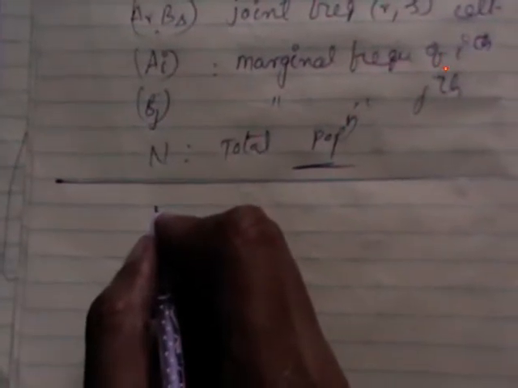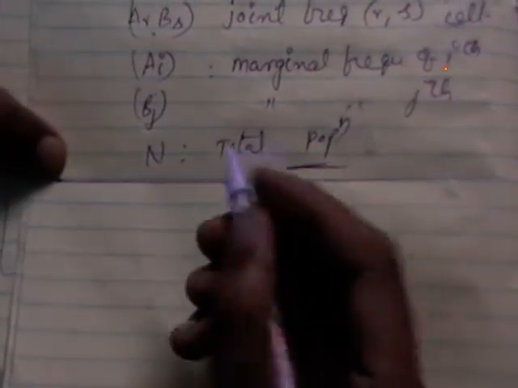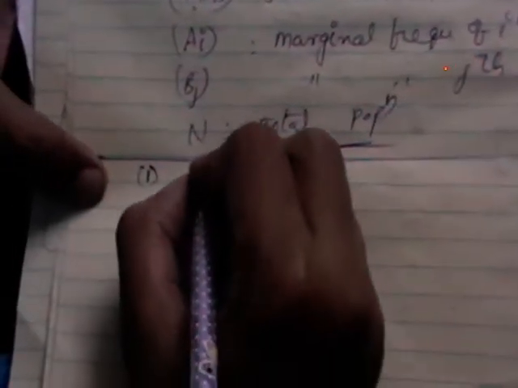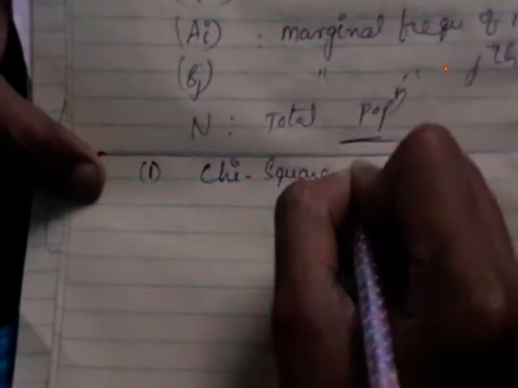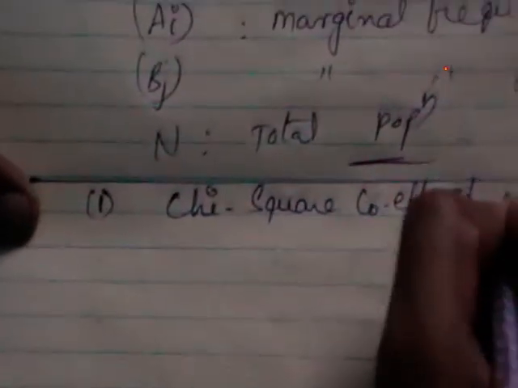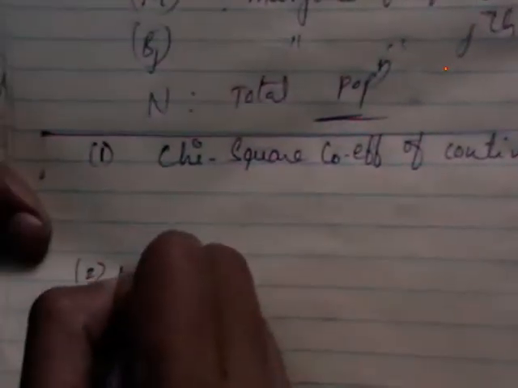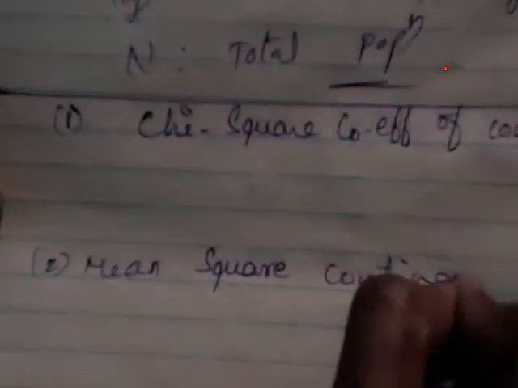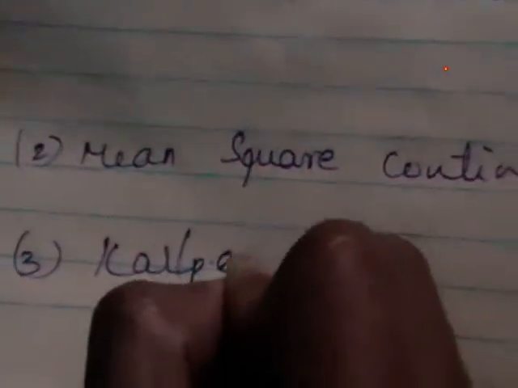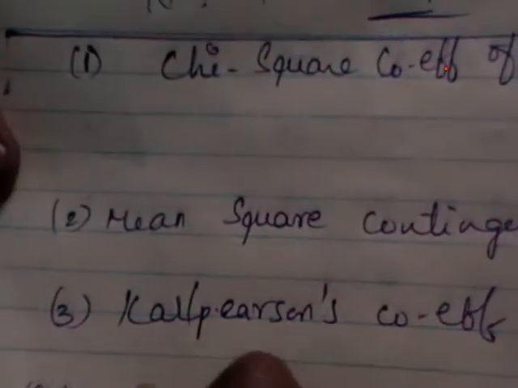For finding the association between attributes with more than two classes, which is called manifold classification, we use the chi-square coefficient of contingency, mean square contingency, Karl Pearson's coefficient, and fourth, Chuprov's coefficient.